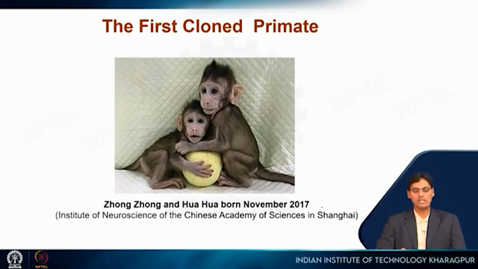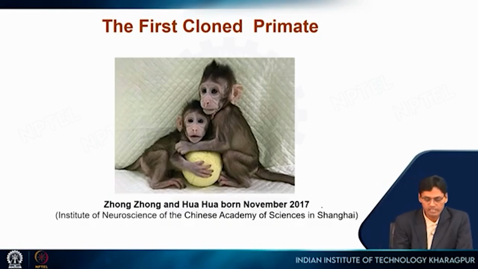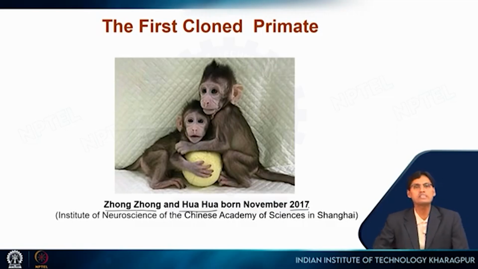These small monkeys, Zhong Zhong and Hua Hua, were born in November 2017 at the Institute of Neuroscience of the Chinese Academy of Science in Shanghai. The method is the same, somatic cell nuclear transfer, and they are healthy.